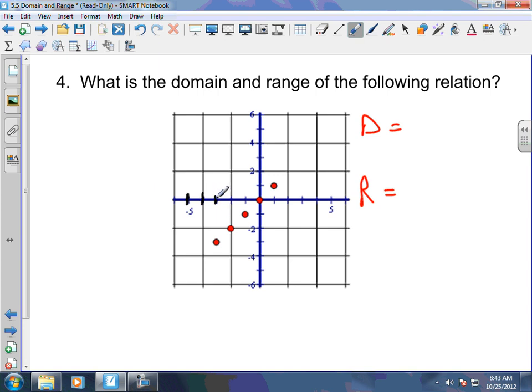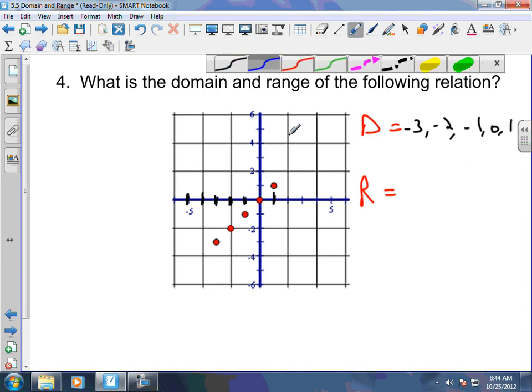Do I have a dot at -3? Notice how I went to where the lowest dot would be, so then all I have to do is write it once. So then I go to -2. Do I have a dot at -2? Do I have a dot at -1? Do I have a dot at 0? Do I have a dot at +1? I'm simply going across the x and y axis.